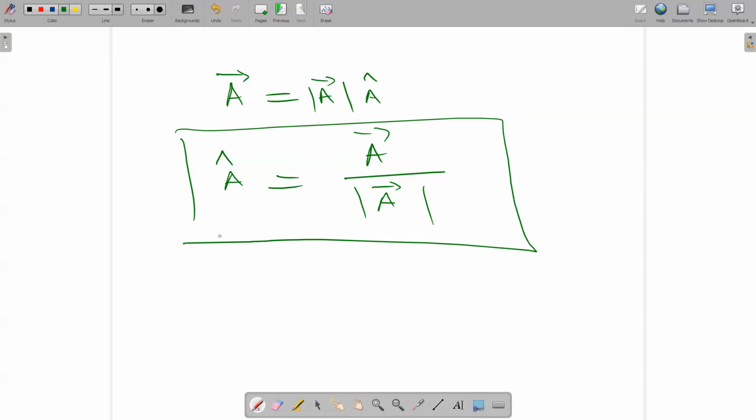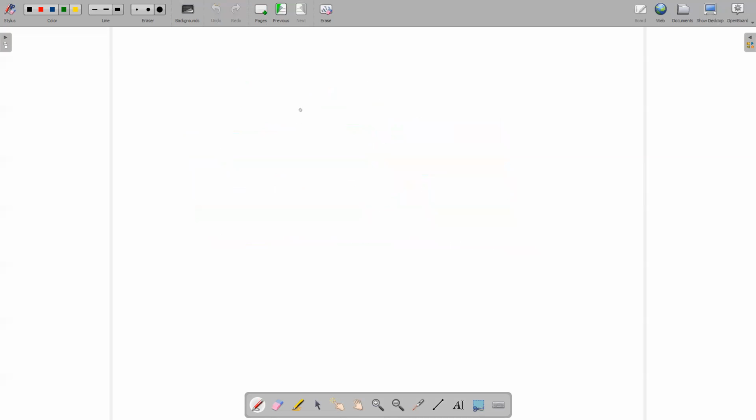So another way is this one. If we have a vector A, it is making an angle of 30 degrees with the x-axis, this one.